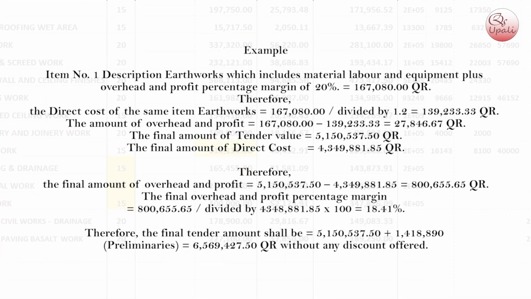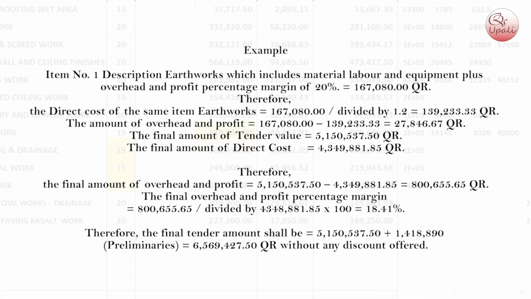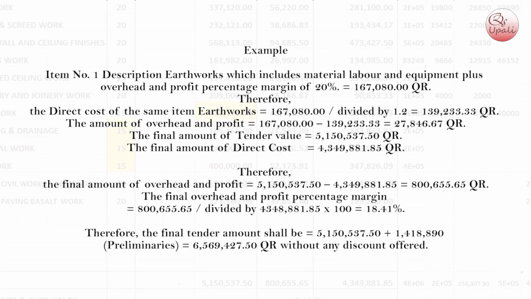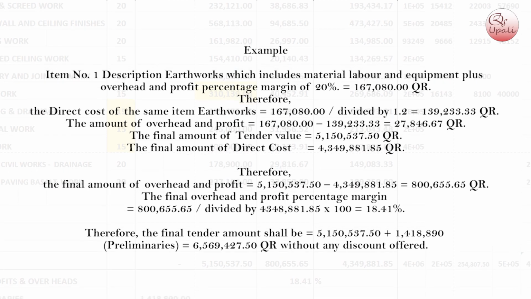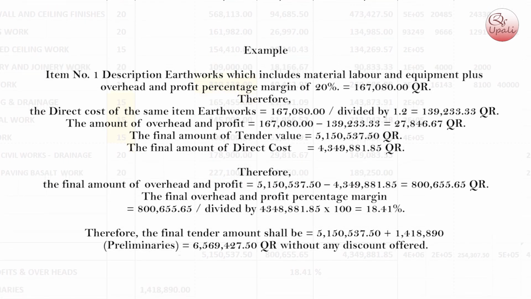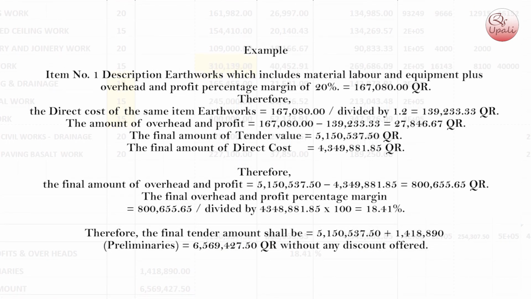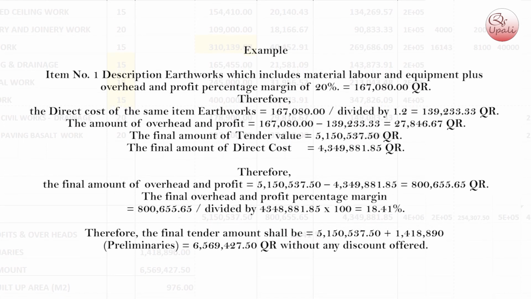equals 167,080 Qatar riyals. Therefore, the direct cost of the same item Earthworks equals 167,080 divided by 1.2 is equal to 139,233.33 Qatar riyal.